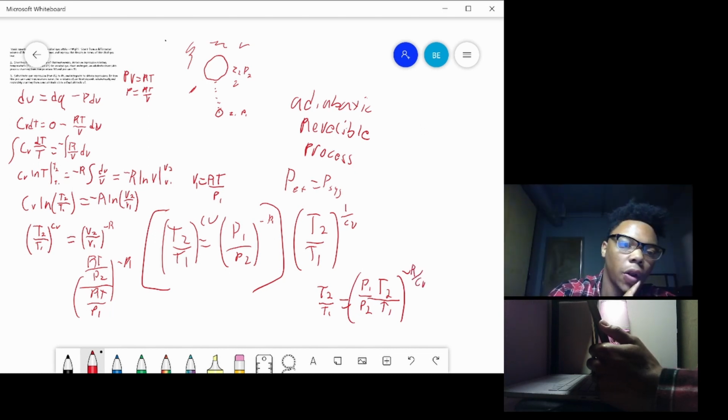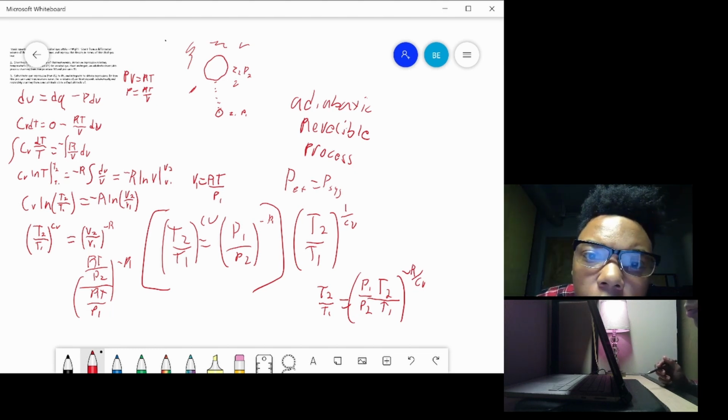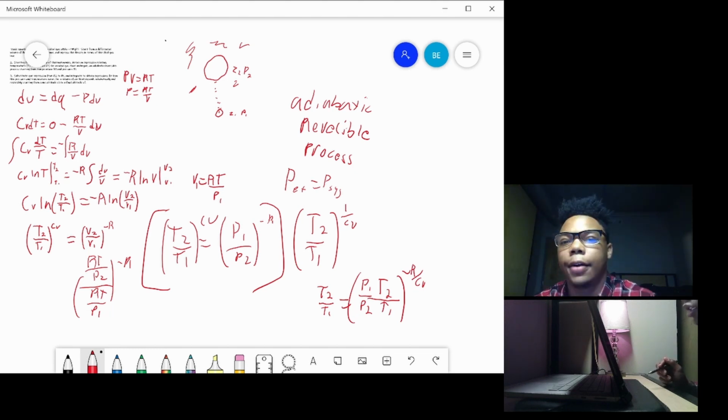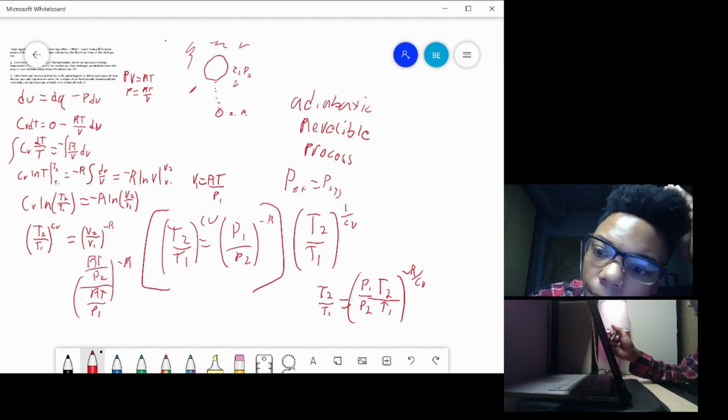And now this is what we've been trying to get to. This is using the ideal gas law, a relationship between pressure and temperature.